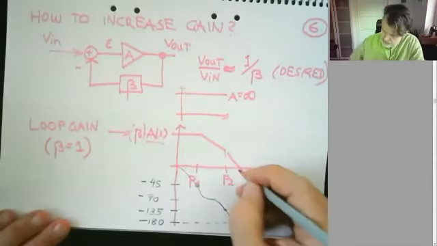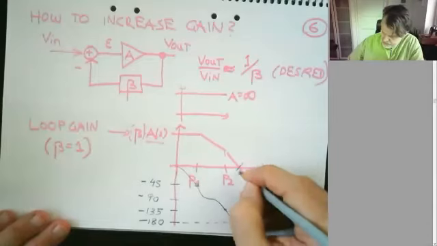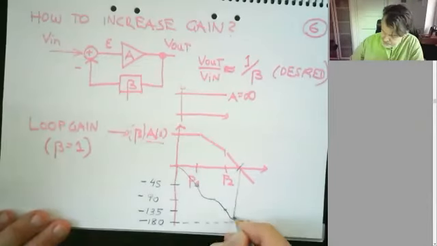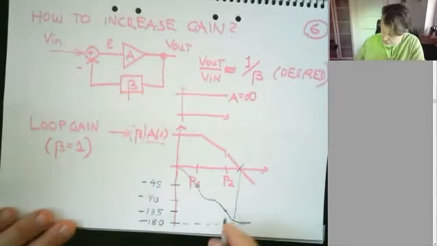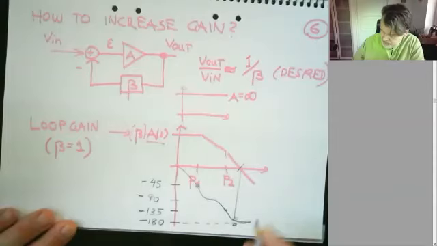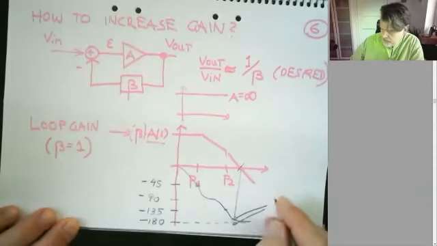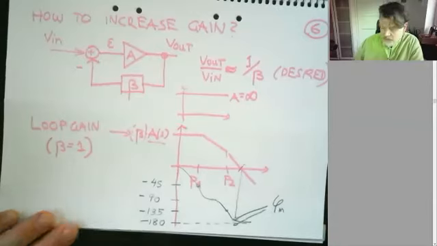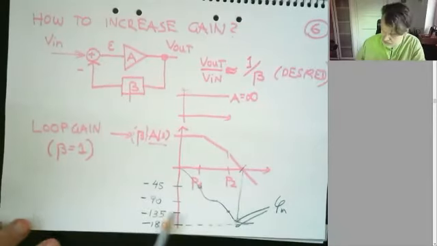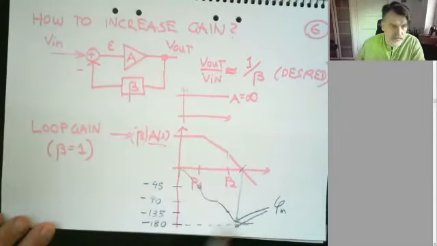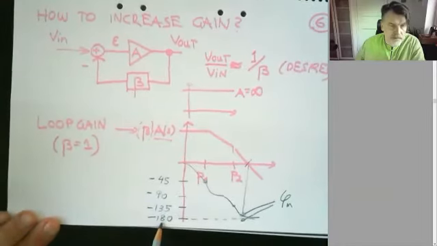And then you remember from control theory that we define the phase margin. Now I put the poles so close to each other that we don't have much phase margin, but down here we have phase margin, which is the distance in the phase shift to the dangerous 180 degrees here.